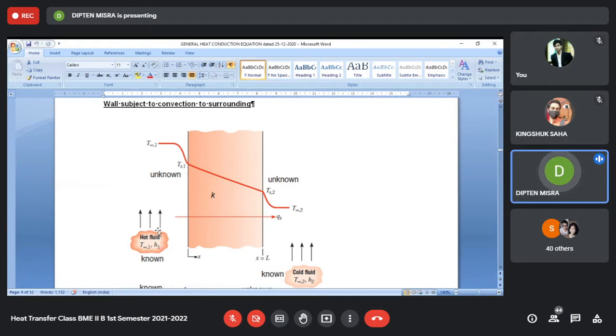Because the faster the fluid flows, the faster it can deposit or take away the heat. So the transfer of heat from the fluid to the wall will be faster if the velocity is higher, and the heat transfer rate will be smaller if the velocity is smaller. And in fact, it will be the least when the fluid is stagnant.